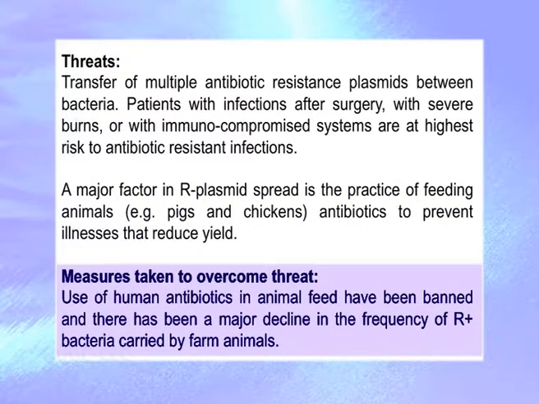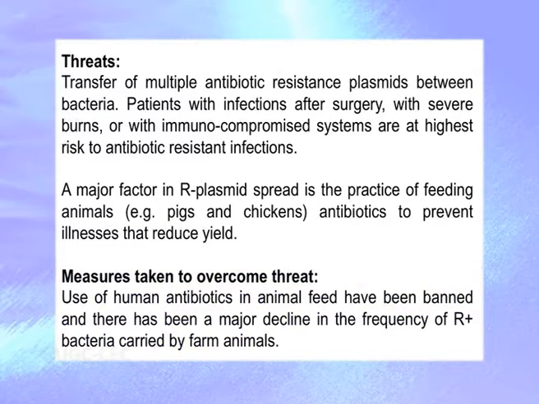Certain measures are taken to counter this threat, such as restricting the use of antibiotics in animals like hens. Ma'am, are only plasmids responsible for the development of antibiotic resistance?